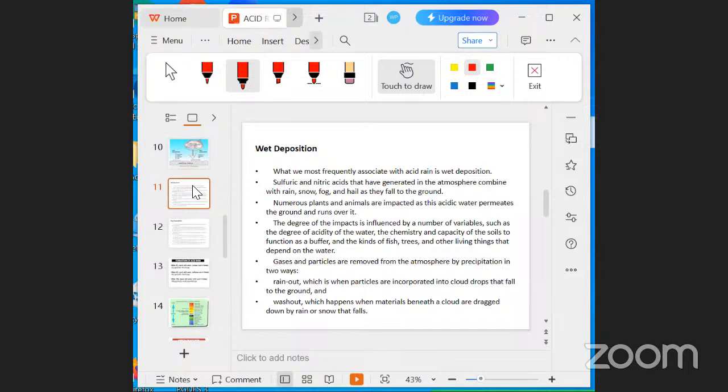So you see here, wet deposition. What we most frequently associate with acid rain is wet deposition, right? So the sulfuric and nitric acids that have generated in the atmosphere combine with which one? With rain, snow, fog, and hail.